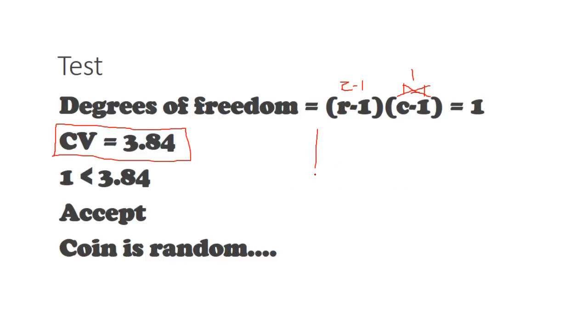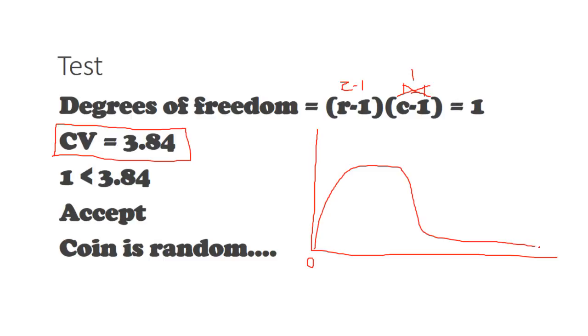But here's what that means. Here we are, here's 0. The chi-square looks like that. Actually, it doesn't look like that. That's a really bad picture, but ignore that. Somewhere out here is a critical value. That critical value is 3.84.